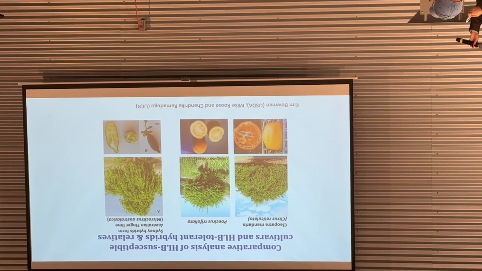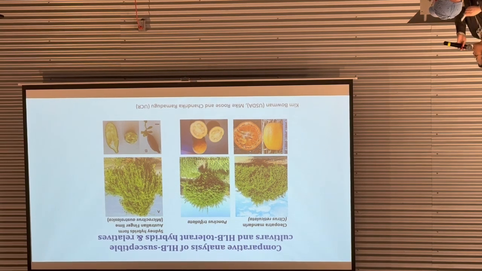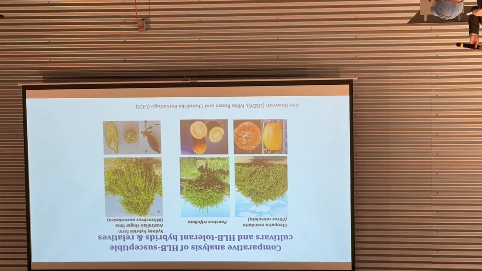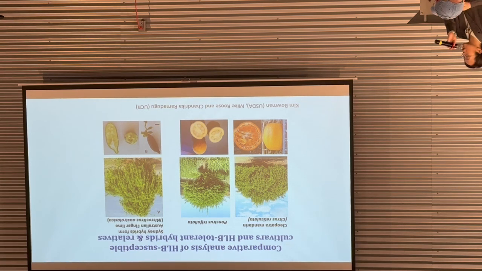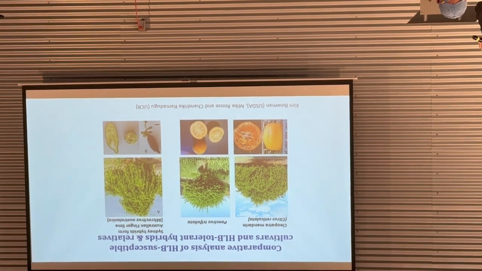the resistant varieties. And another group at UCR, Dr. Roose's lab, and his research scientists, are using another totally different variety to run a breeding program. They are using the Australian finger lime to create hybrids, to try to generate resistant hybrids.